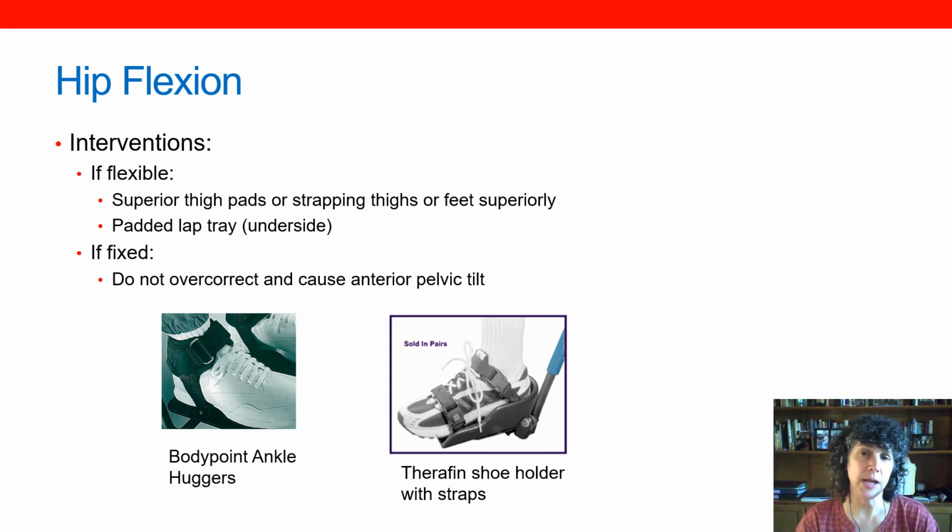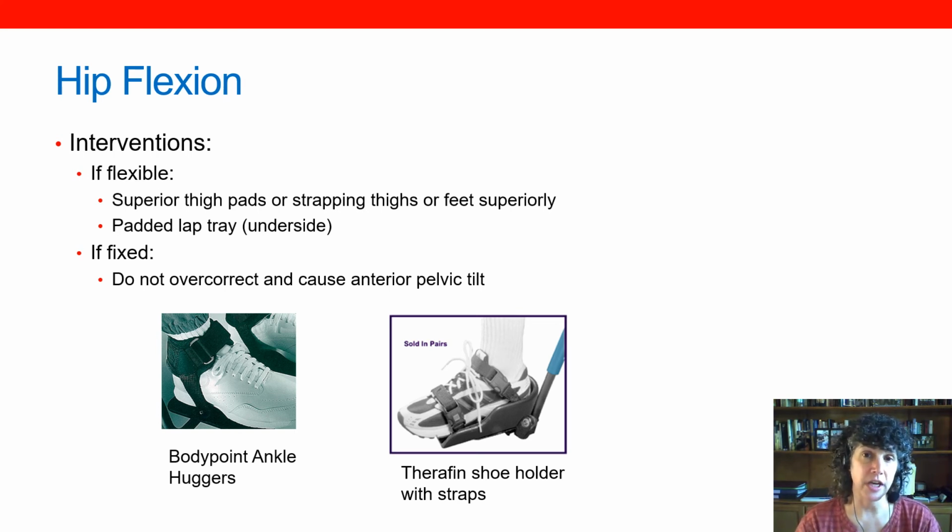Then oftentimes we'll use some strapping. You can strap the top of the thighs, but usually we're going to do so over the feet. So we use shoe holders, ankle huggers, some type of strapping. If you have a client where this is just not tolerated or desired, I've had some clients where we've literally padded the underside of a tray so that when the client lifts their legs, they're not banging into that hard surface.